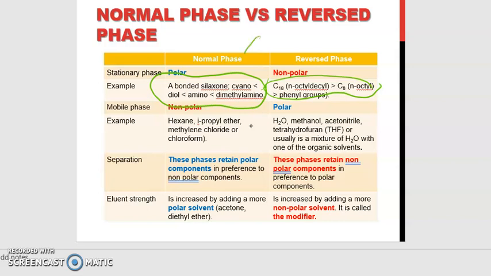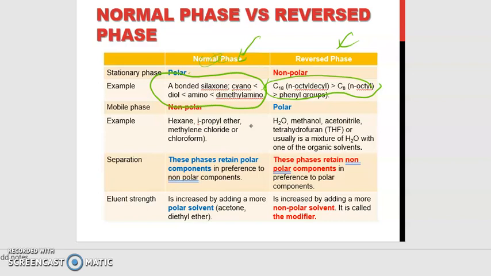Atau you are given this type, the analytes will be analyzed using normal phase chromatography. So question 1, give example of stationary phase that can be used. So dari soalan awak kena tahu dua-dua. Dia boleh tanya sama ada bagi ni, tanya ni, ataupun bagi types, tanya example.